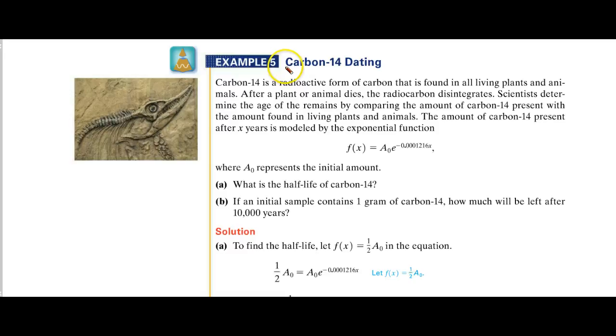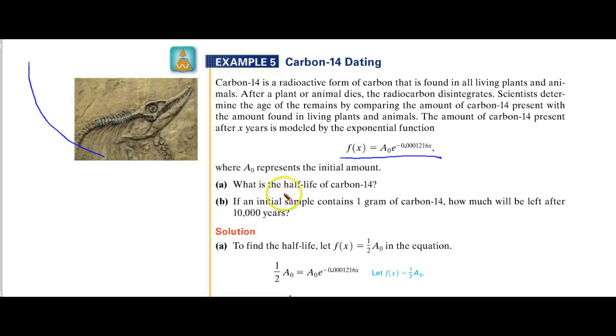But once the plant dies, it no longer takes it in, and there is a loss of this radioactivity that eventually follows this particular function. Now the A sub 0 is the initial amount of what you have originally. And then it's negative, so it's going to go down.